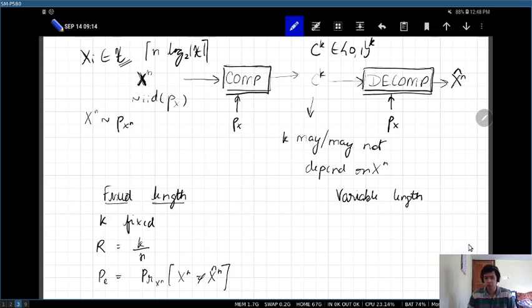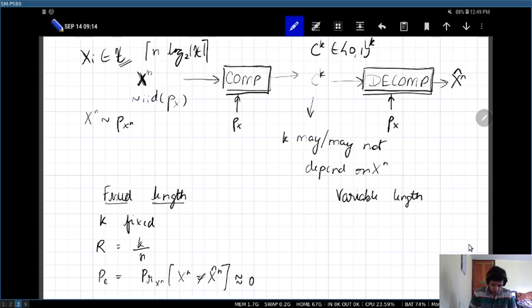So you see a random file as the input to your compression algorithm, and the decompressor outputs x^n hat. So x^n hat must almost always be equal to x^n, but sometimes it's allowed to make an error. And the probability that it makes an error is called the probability of error. And typically the goal will be to make this as small as possible. So this should be close to 0.